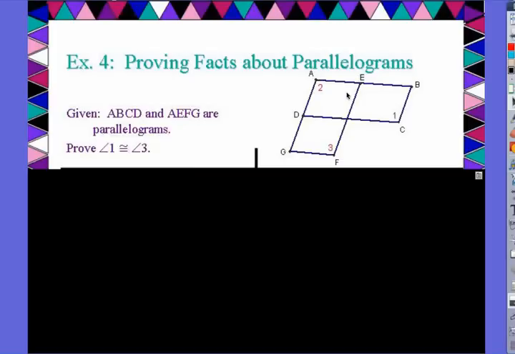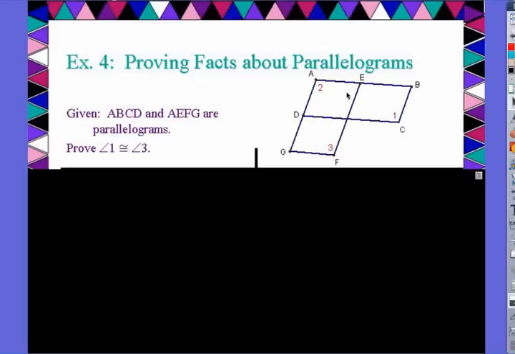Raise your hand if you can think of a way we could start with this. How can we show that 1 and 3 are congruent? We got a 2 up there also. What do you think?